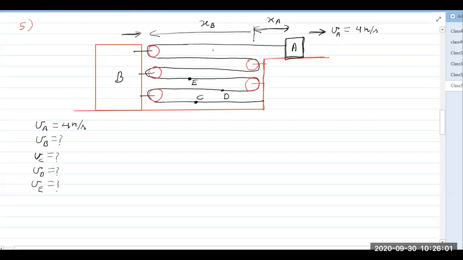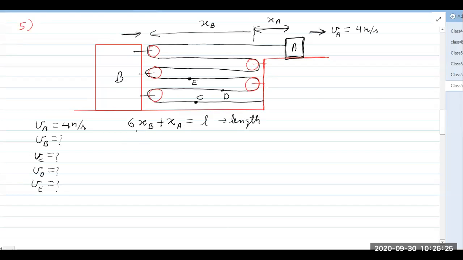So 6 times XB plus XA equals the total length, which we call L.